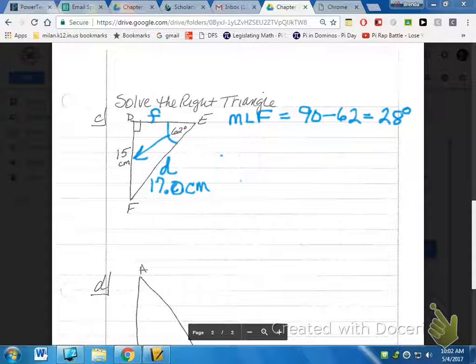And we're using tangent. So for F, we go tangent of 62 degrees. Opposite is 15, adjacent is F. We know the degree, so we hit tangent of 62 degrees on our calculator. And I get 1.8807.